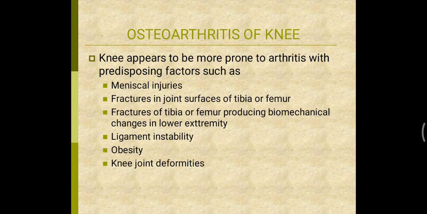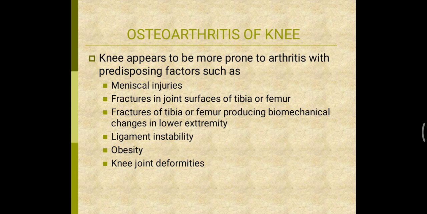Okay, then we will start with the osteoarthritis of the knee, which is most common. So knee appears to be more prone to arthritis due to these factors. Okay, so meniscal injuries, fracture in the joint surface of tibia or femur, fracture of tibia or femur producing biomechanical changes in lower extremity.